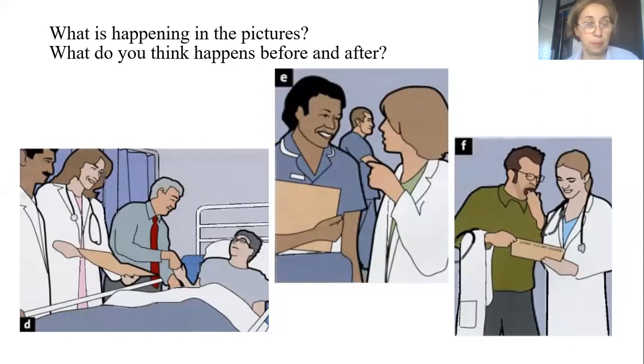I see that the patient family is visiting him, and wait. I see the patient family visiting him, and the doctor showed to his father a report.